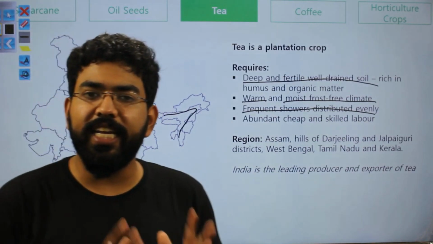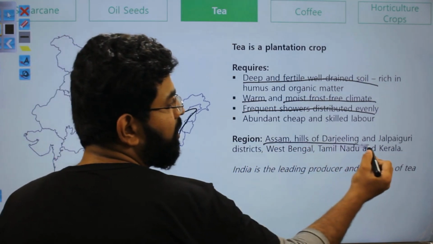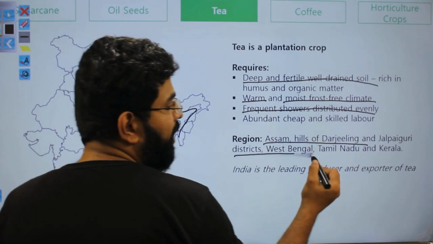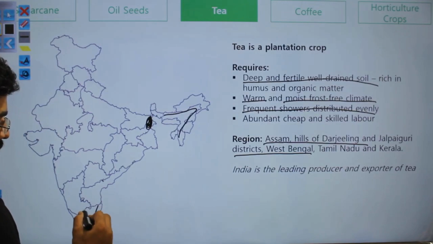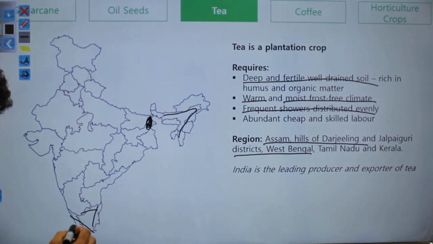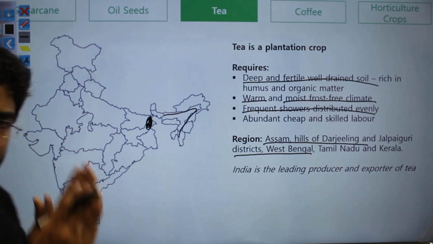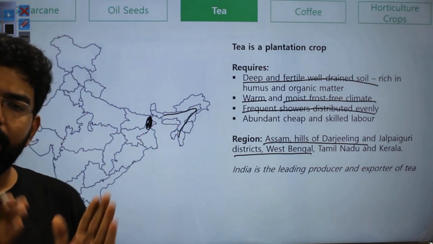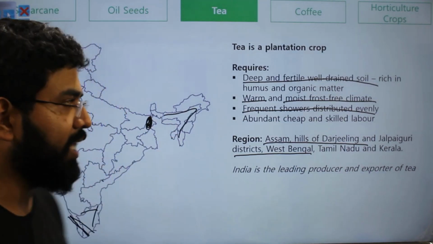So these are the conditions required for cultivation of tea. The regions you can easily see are Assam, Darjeeling, Jalpaiguri district of West Bengal, and then some districts of Tamil Nadu and Kerala. In these areas you have the Western Ghats and Eastern Ghats converging, just below the mountains, where it is warm, frost-free and rainfall is there.